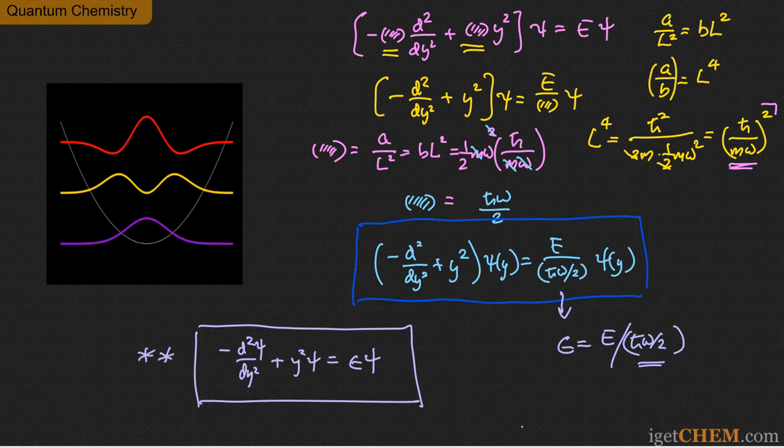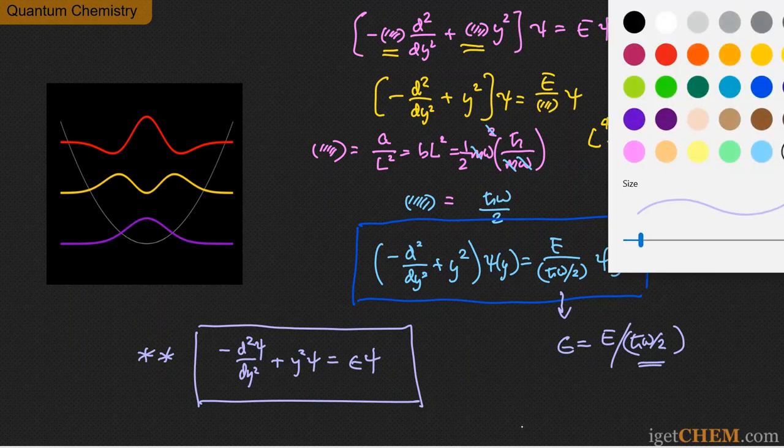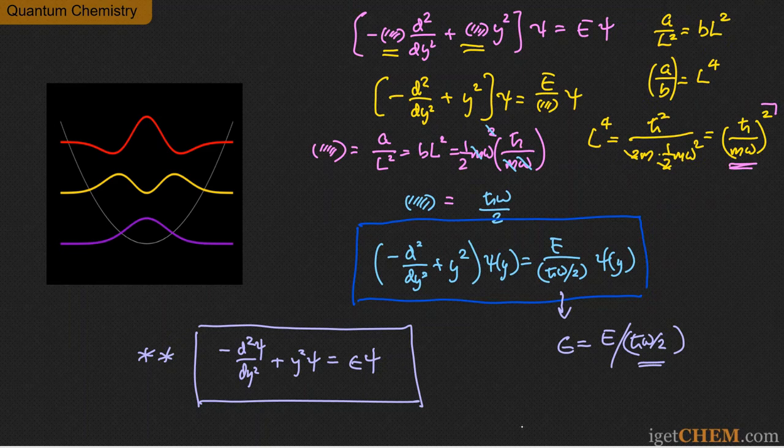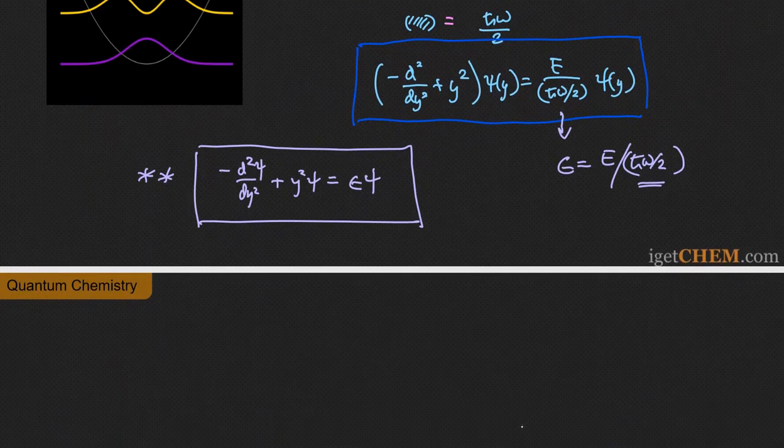So let's see if we can figure out what the eigenfunctions are for that equation. Now, if you look at this equation, then you can clearly see that one functional form that can solve this Schrodinger equation is this one.